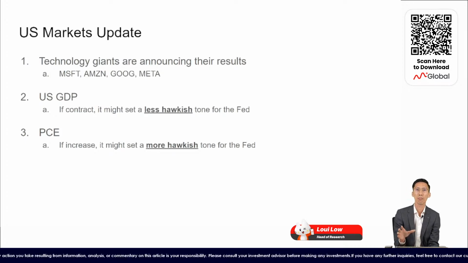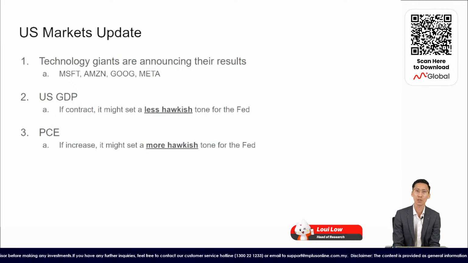So I think the GDP numbers are very, very crucial, because if GDP contracts, that may affect the Federal Reserve's tone, and they might go into a less hawkish tone in the upcoming FOMC meeting, which is in early May.